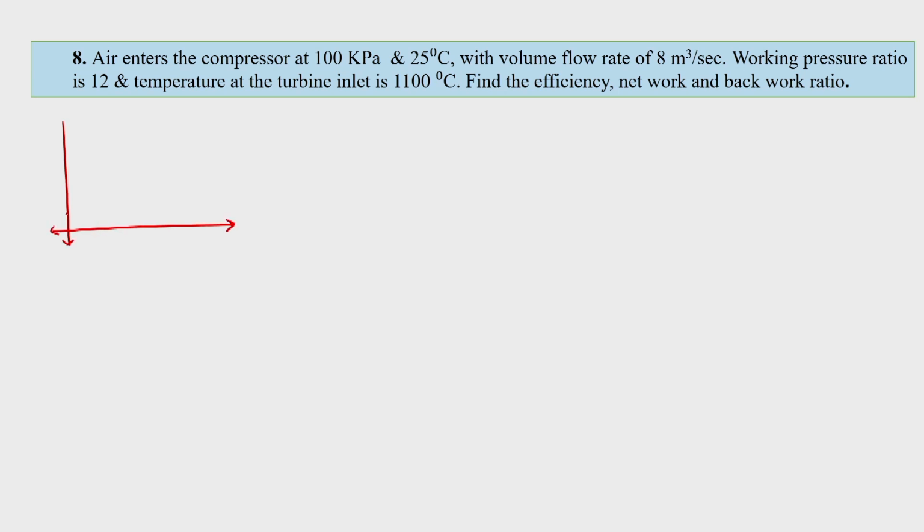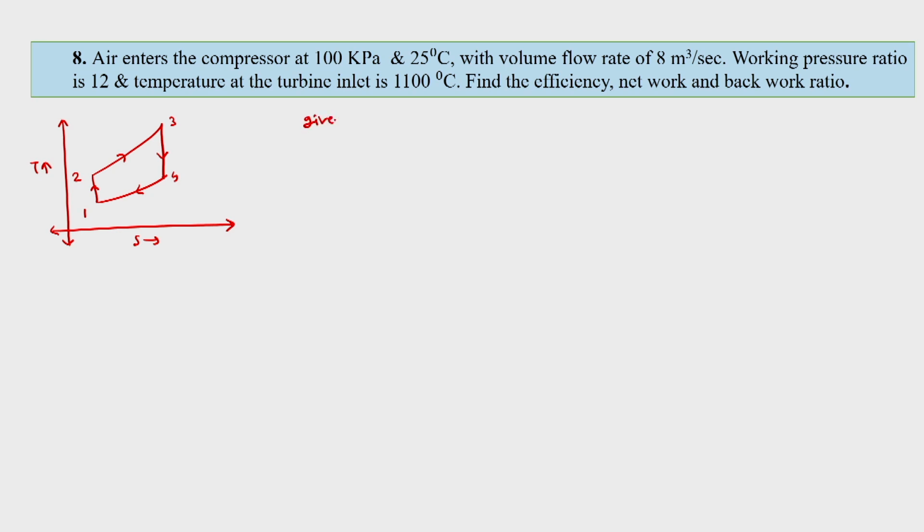Again, a similar thing: we are given the volume flow rate. So using the volume flow rate, we have to find out mass flow rate. Once the mass flow rate is known, we can find out net work in kilowatt.